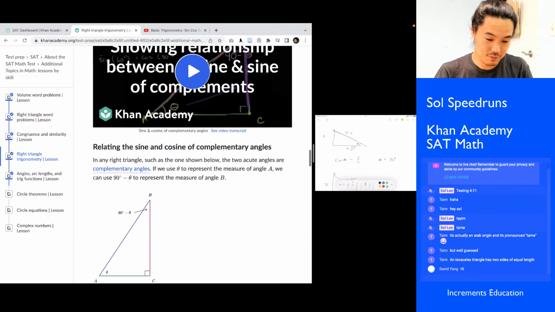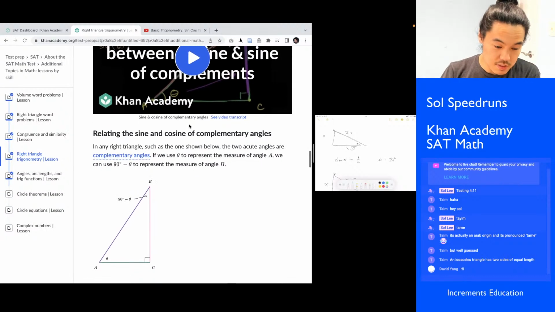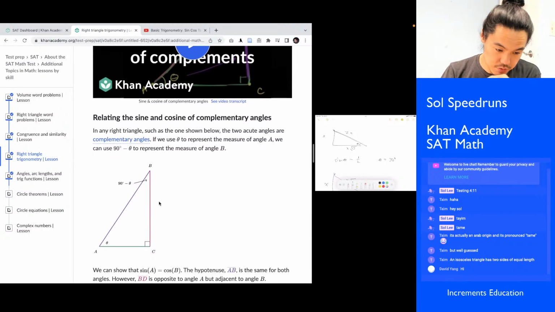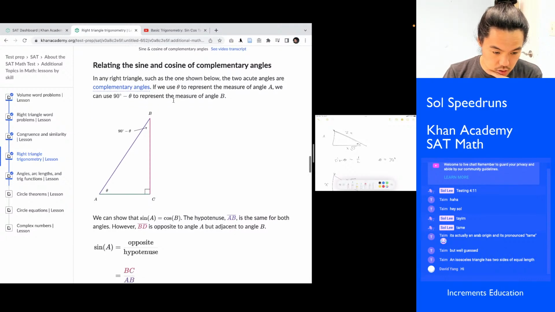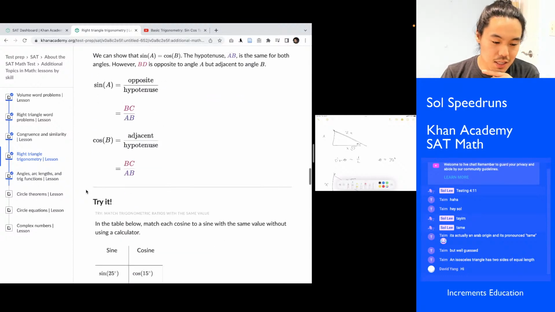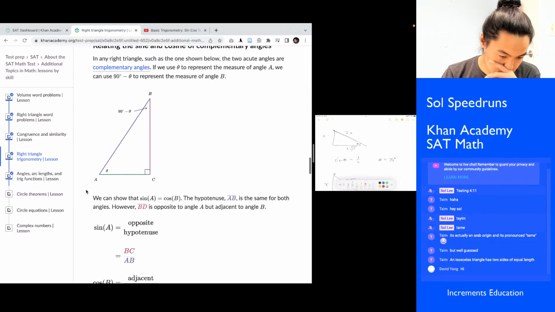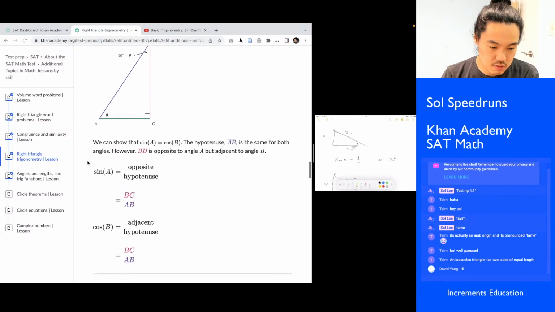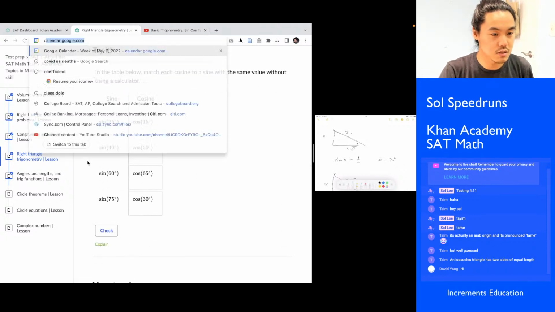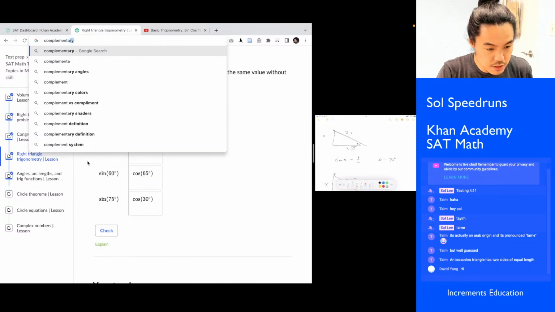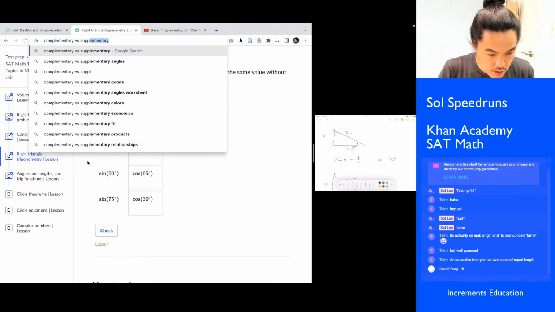Relating the sine and cosine of complementary angles. Complementary? What does that mean? Because complementary means they add up to 180, right? Or in this case, add up to 90. I think. You know what? Actually, let's look this up. I don't remember. Complementary versus supplementary angles.